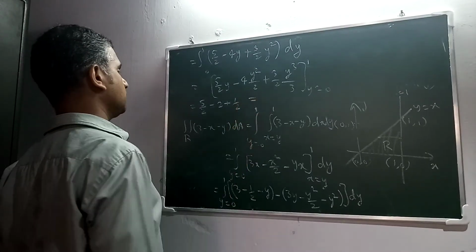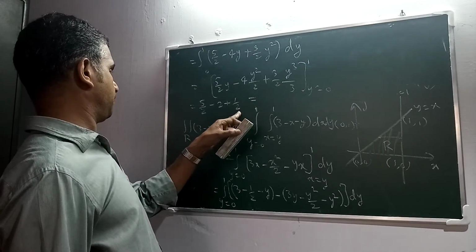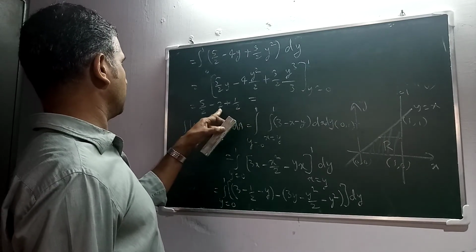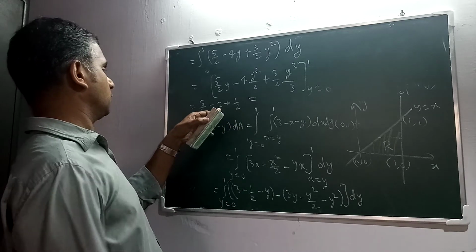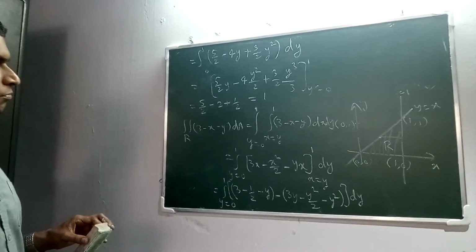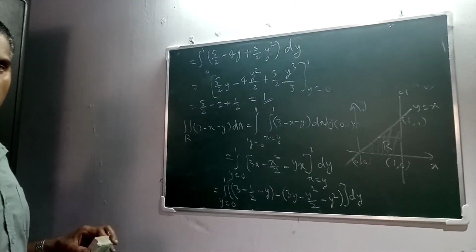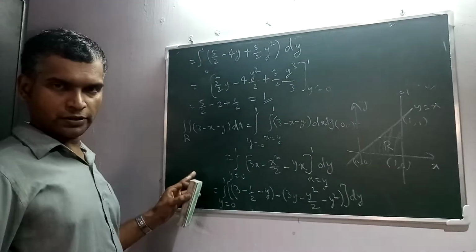So what is the answer? 5 by 2 plus 1 by 2 is 3. 3 minus 2 is 1. So the answer is 1. This is one way of looking at this problem.